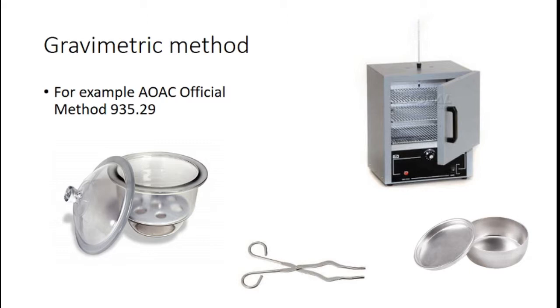AOAC official methods include methods for moisture content, but this is one method that is so much in public use that in many cases companies don't even refer to a specific methodology unless their laboratory requires ISO 17025 certification and standardized methodology.